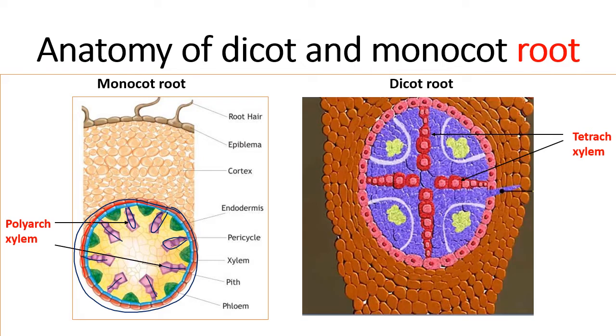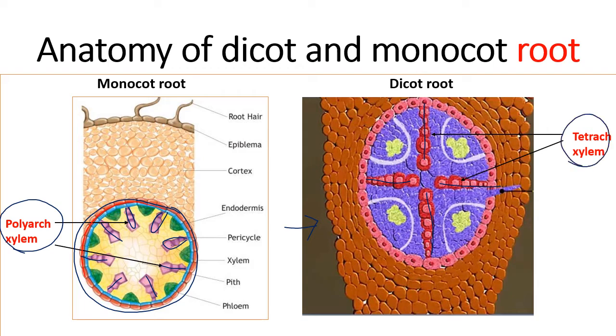Multiple patches of xylem are there, and that is called the polyarch condition. On the other hand, in this figure there are 1, 2, 3 and 4 patches of xylem, and that is called the tetrarch condition.